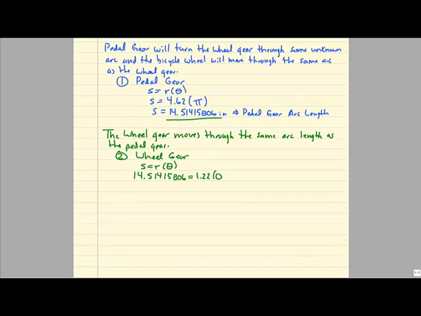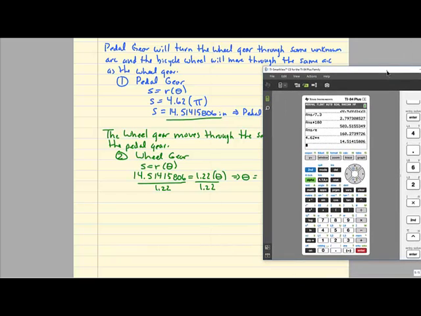And of course theta then. Now solving for theta, I divide both sides by 1.22. I still have this number on my calculator, so I'm going to divide it by 1.22.